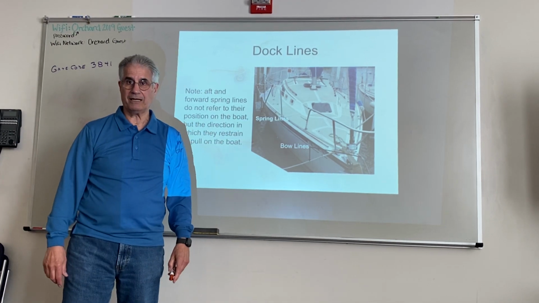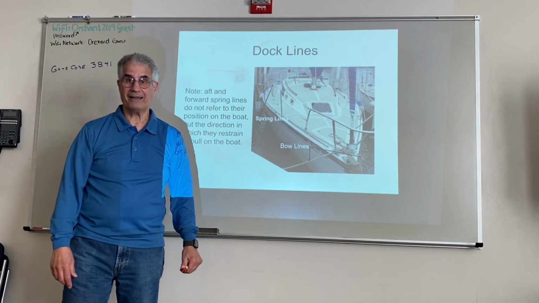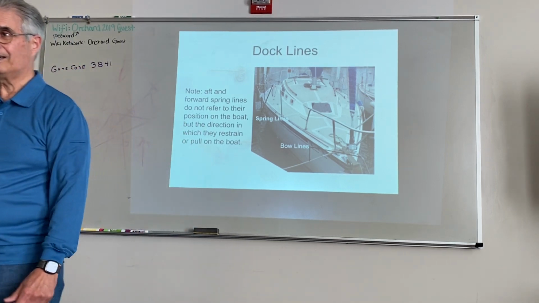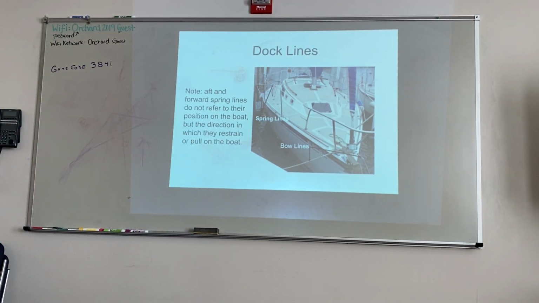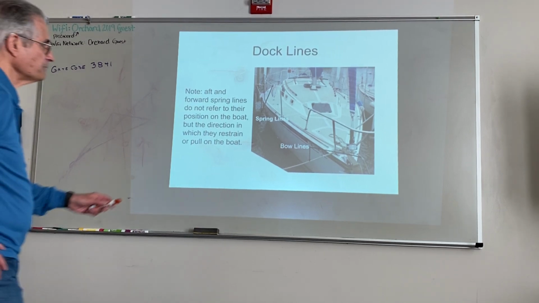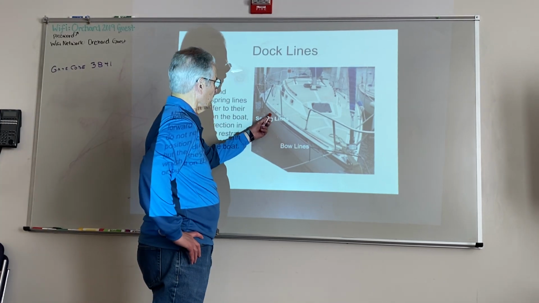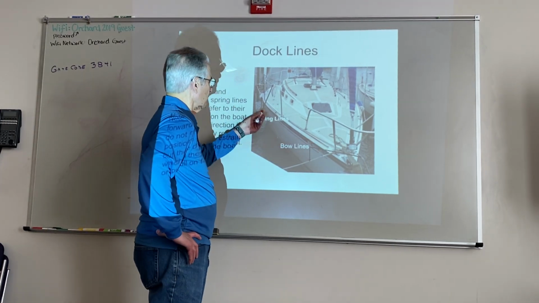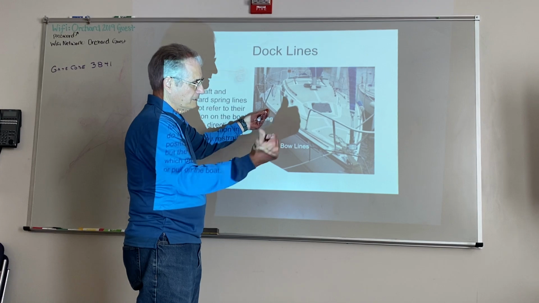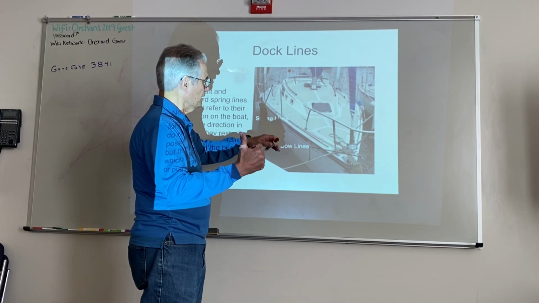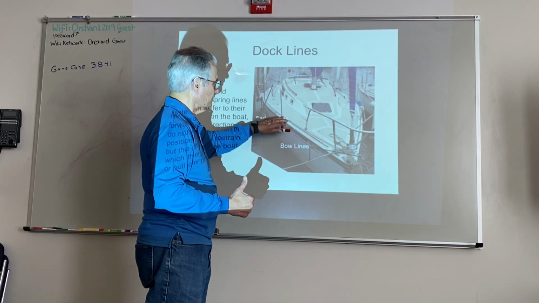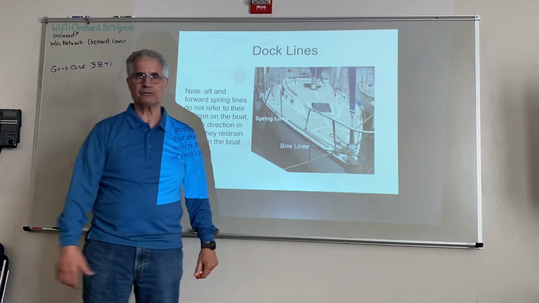It's holding the front, so it's preventing you from going forward. It goes from the bow to the cleat, so it stops you from going forward. But with this line, the aft spring line, you can still go backwards.